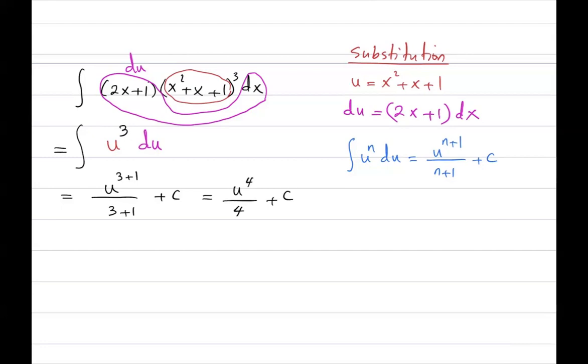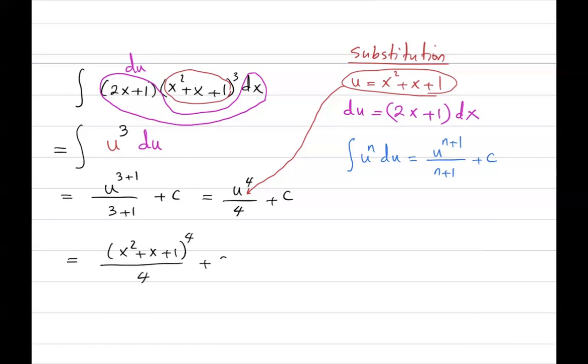No, not yet, because our u is x² + x + 1, and our original integral was written in x. So you need to do the substitution back. This becomes (x² + x + 1)⁴ divided by 4 plus the constant of integration.